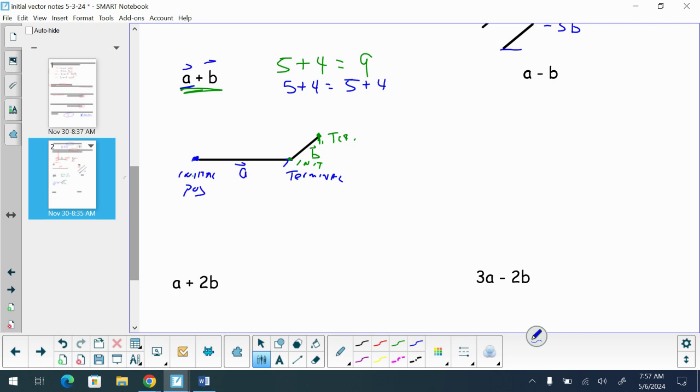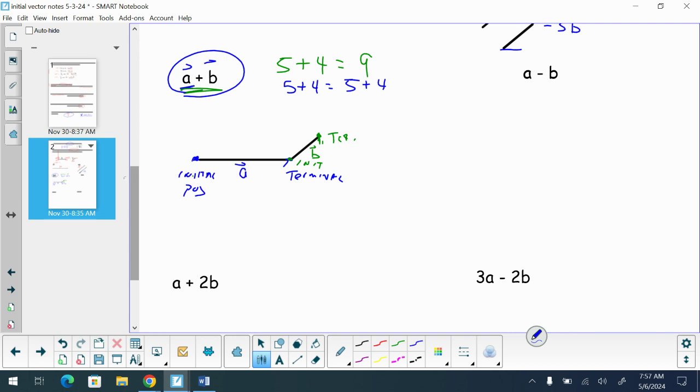Well, if I ask you to take A plus B, and you leave it as A plus B as you've drawn there, what you have told me is 5 plus 4 is equal to 5 plus 4.